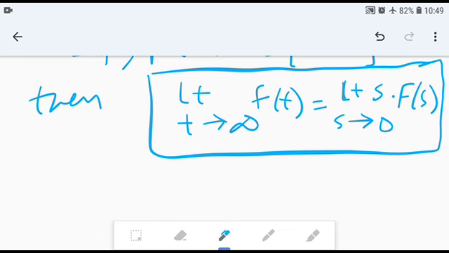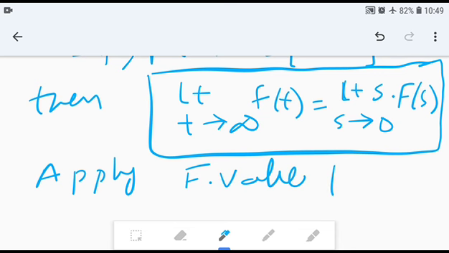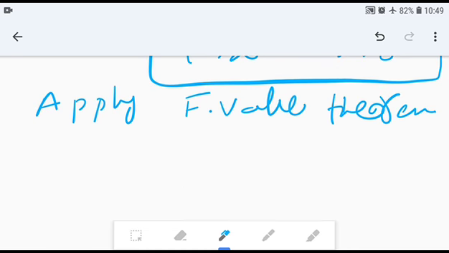So now we are going to apply the final value theorem on steady state error. I will write ESS, steady state error.